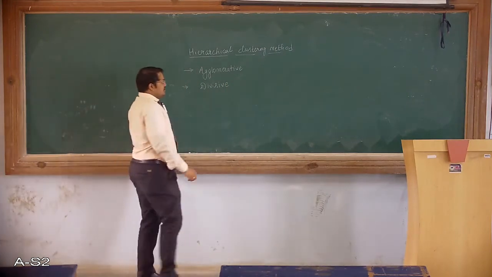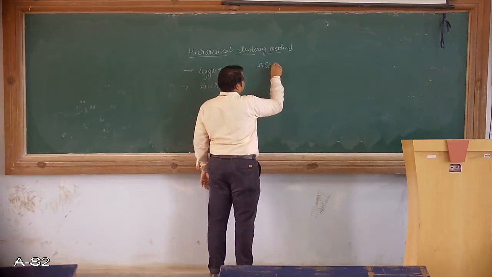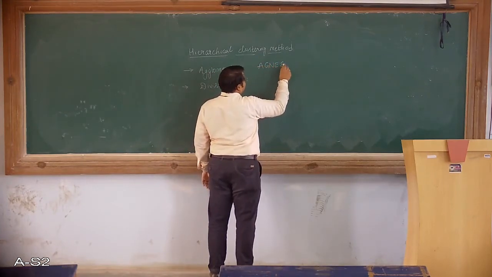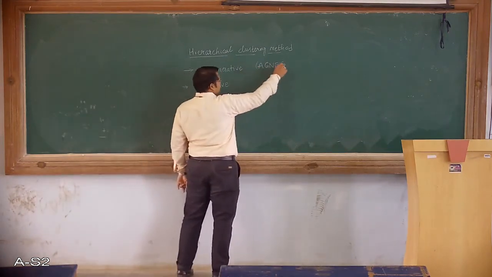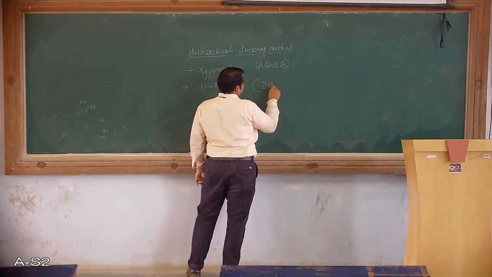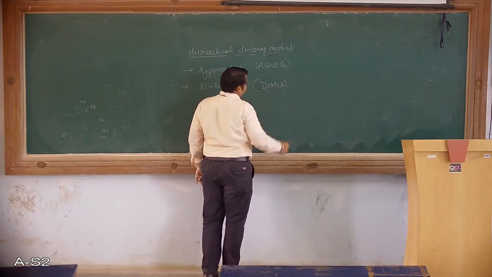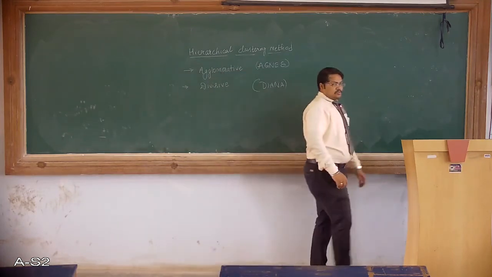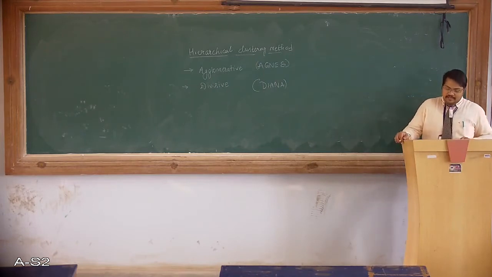Agglomerative clustering is also called Agnes. Divisive clustering is also called Diana. So these are the two different hierarchical clustering methods we have.